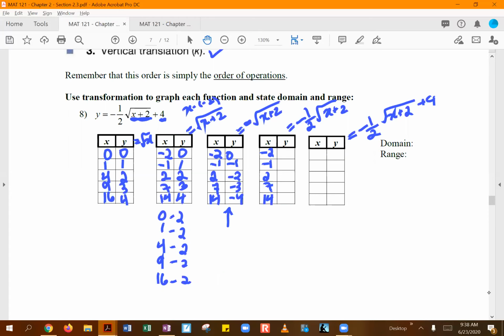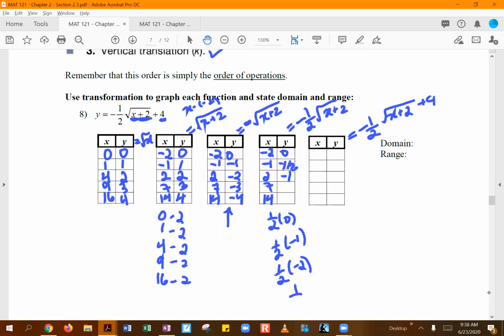So of course, if you did 1/2 times 0, you get 0. 1/2 times -1 will of course give you -1/2. 1/2 times -2 will give you -1. That should be -1.